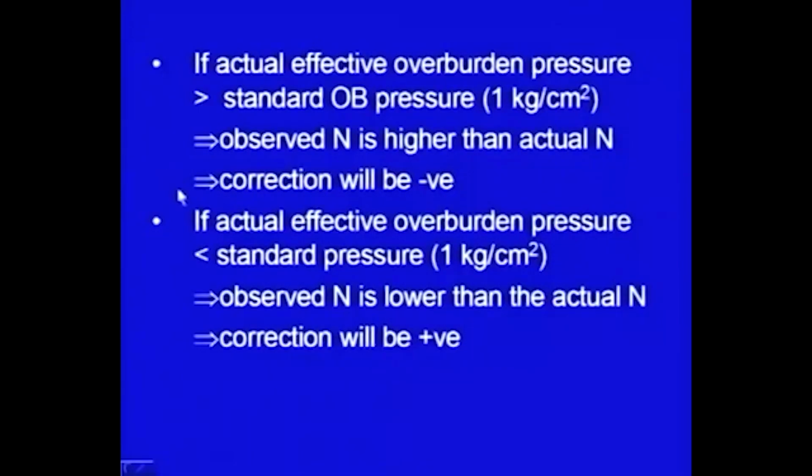At higher depths, where the effective overburden is more than this standard value, the correction will be negative. If actual effective overburden pressure is less than the standard pressure, that is 1 kg per centimeter square, then it happens at lower depth, observed n value is lower than the actual n, and therefore, you have to apply a correction which will be positive in nature.